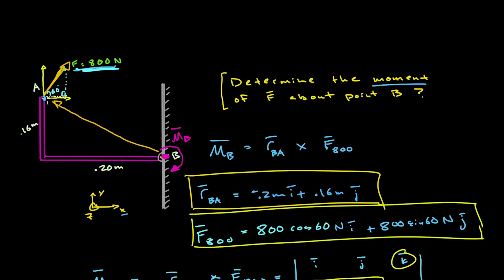So, if you apply an 800 Newton force at point A, this bracket would tend to rotate sort of clockwise and up and to the right. And that's the same direction as indicated by our moment. So the moment vector m sub b, you can almost think of as the axis of rotation that the object would rotate about given the applied force. So it's another way to think about that.